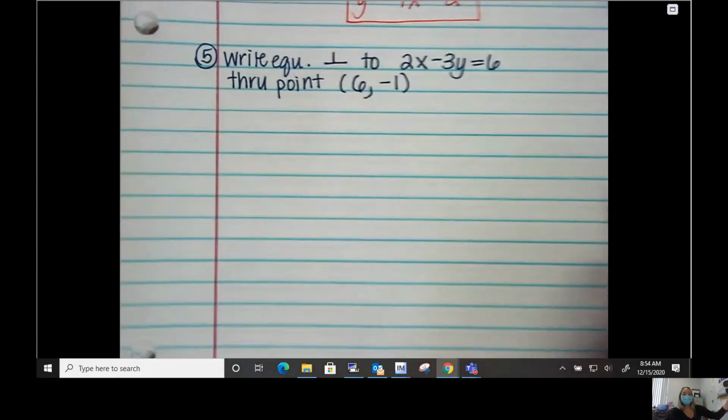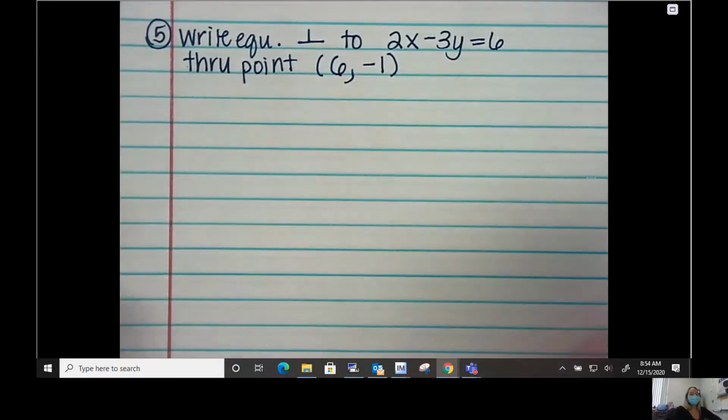So we're going to write the equation of a line that is perpendicular to 2x minus 3y equals 6 that goes through the point (6, -1).